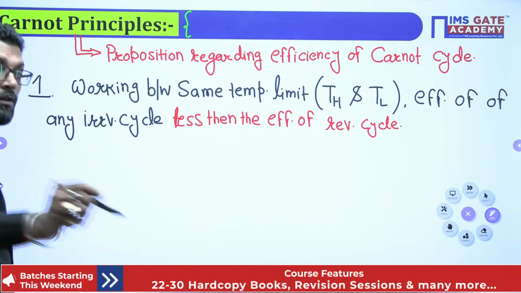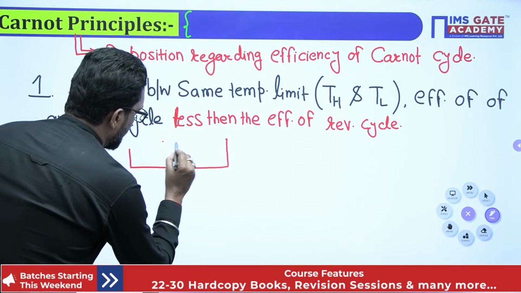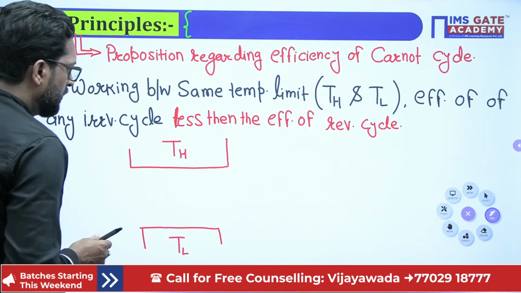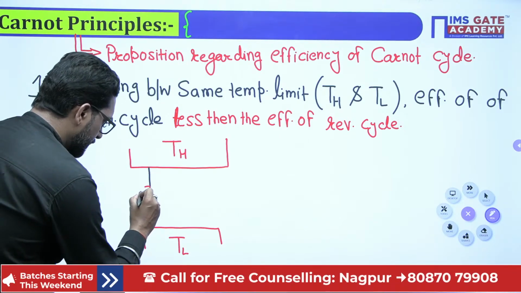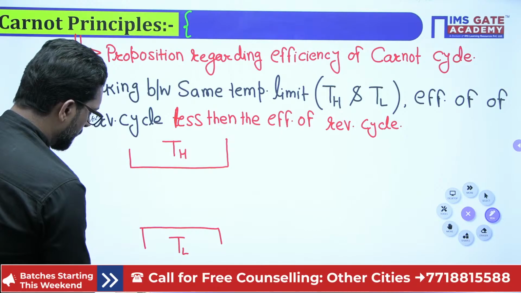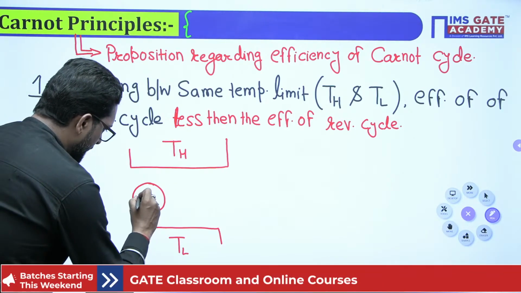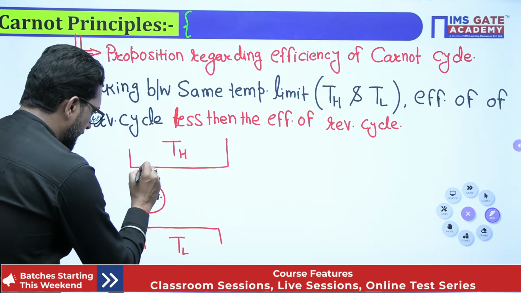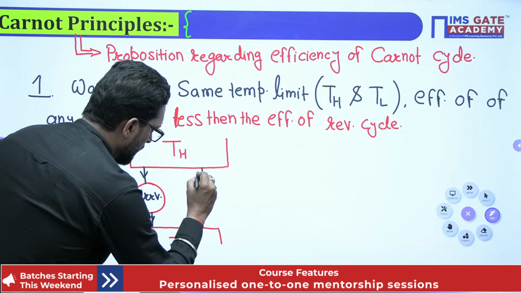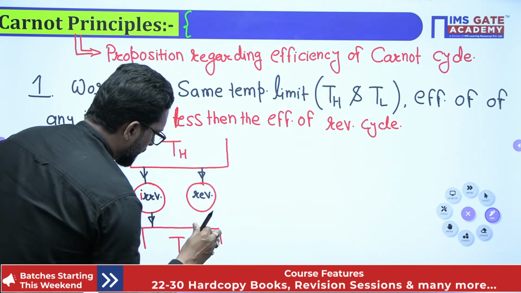Now the second statement. If this is your high thermal reservoir, TH, and this is your lower thermal reservoir, TL, suppose a cycle operating between them is an irreversible cycle, and on the same temperature limit there is a reversible cycle.